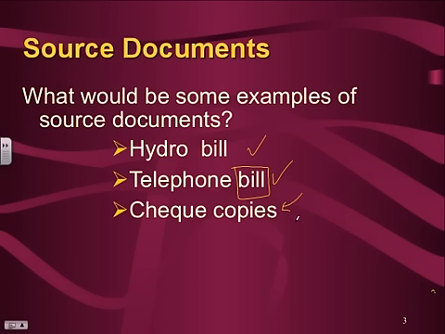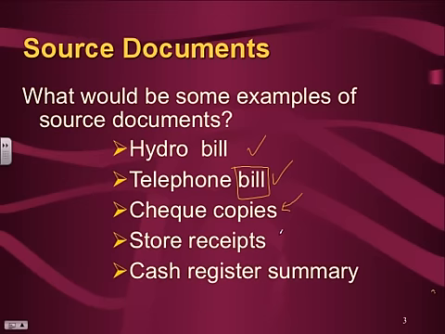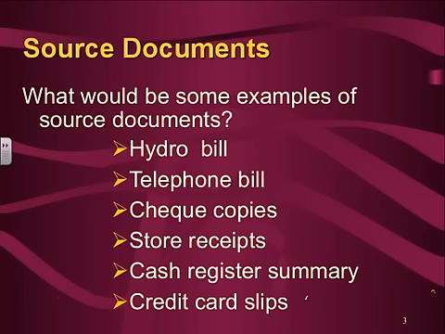When your company pays back somebody, they generally will send them a check, and your company keeps the copy of it. Receipts from purchases. Cash register summary, so as you make sales throughout the day, you'll get your sales summary at the end of the day. And credit card slips. We will spend a lot of time on credit cards in grade 12.